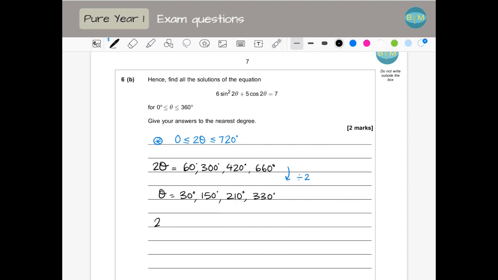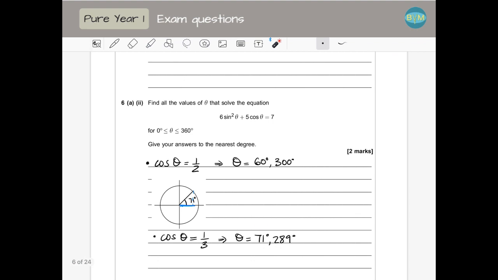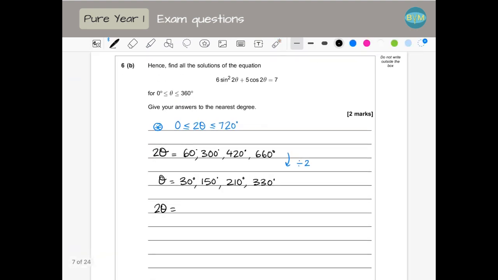But I'm going to do the same with the other group of solutions, which are the 71 and 289. I can go around once, so 360 plus 71, and I'm in the interval, so it's 431, and 360 plus 289 is 649, still in the interval, so I have 2 new solutions.